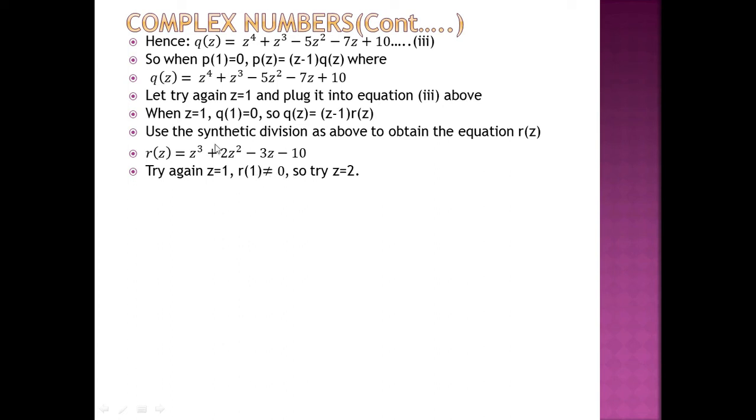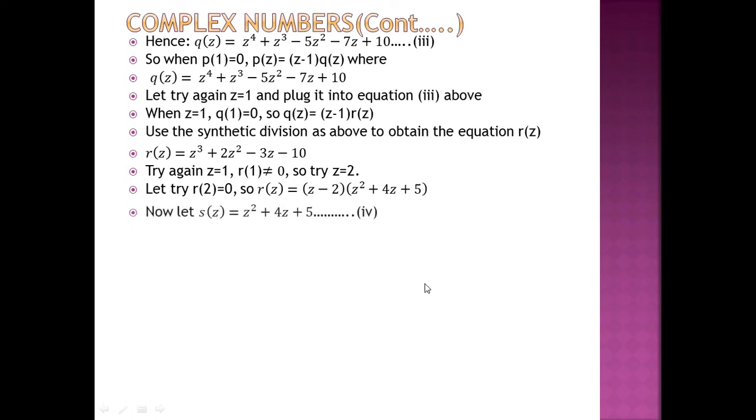So 1 is not a factor of this equation. So try z equal to 2. Yes, this is trial and error. That's why we try. Let's try z equal to 2, then you have 0. So r(z) is equal to z minus 2 times z squared plus 4z plus 5.